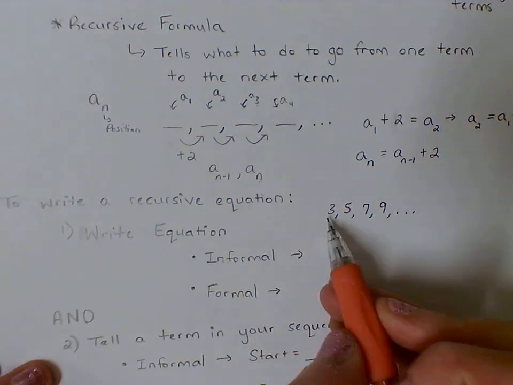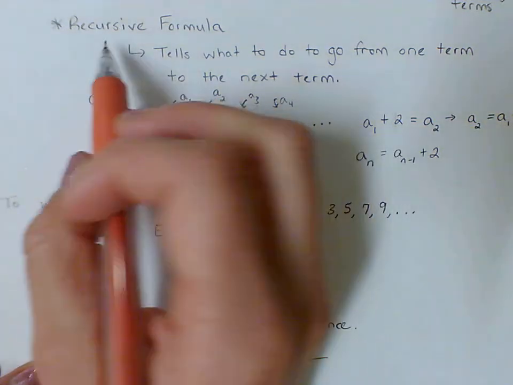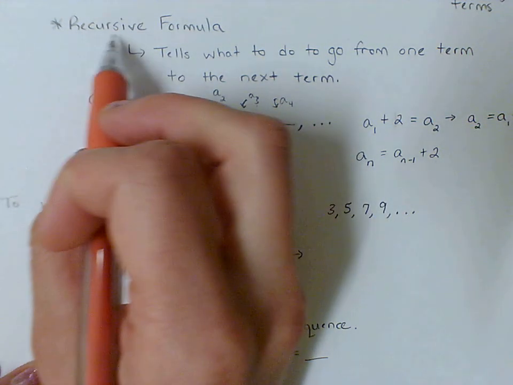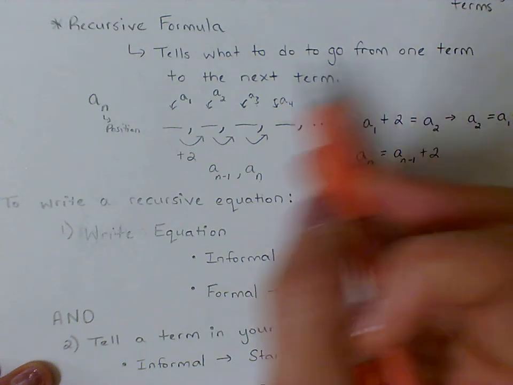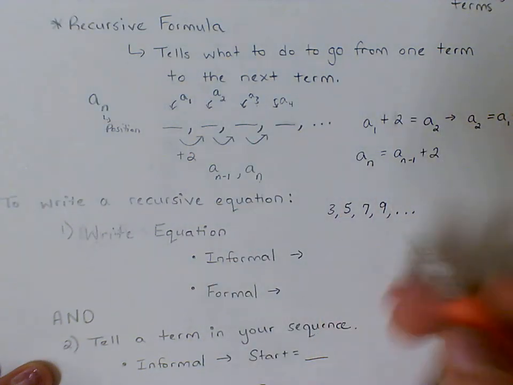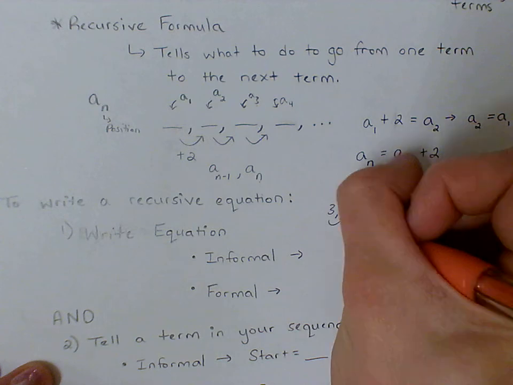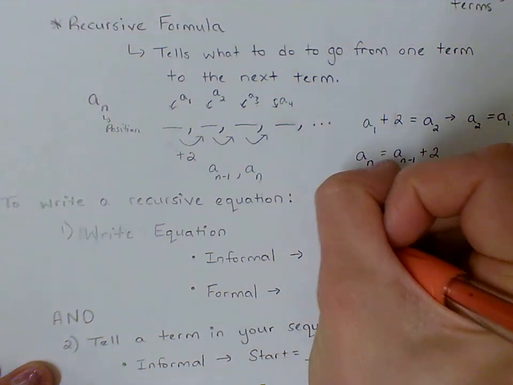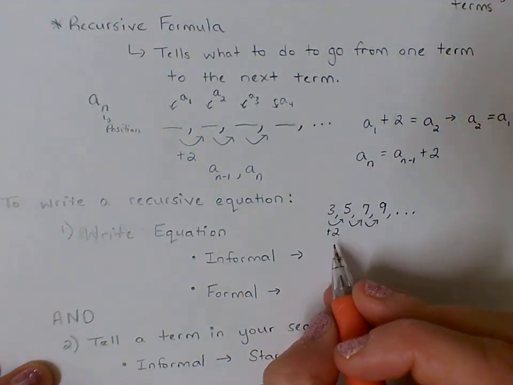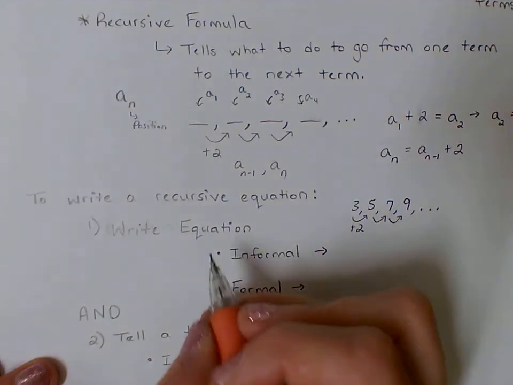If this was our sequence, and I had to describe it or write the equation in a recursive way, remember you're telling what to do to go from one term to the next. What you have to do first is find the pattern. What is the pattern that we're following here? Well, we're adding 2. That's where you start, and then you write the equation.